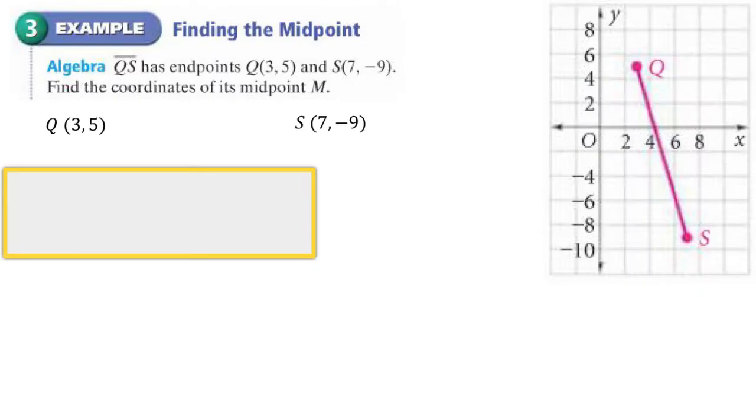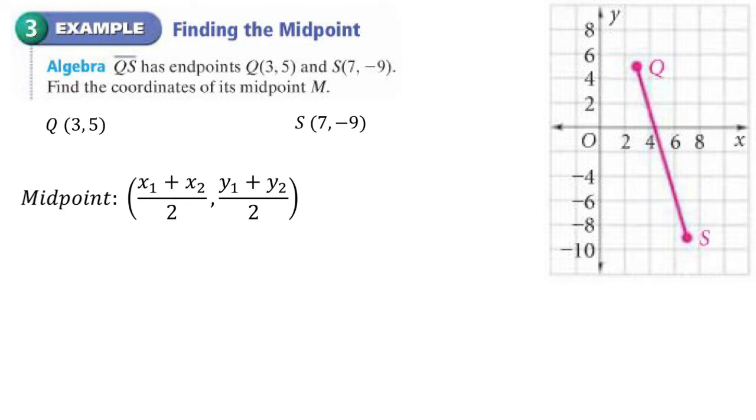In our first example, we're given that QS has endpoints of 3, 5, and 7, negative 9. Find the coordinates of the midpoint. Now, if we remember, our midpoint formula tells us that we have x1 plus x2 over 2 and y1 plus y2 over 2. So the first thing we're going to do is label our points.